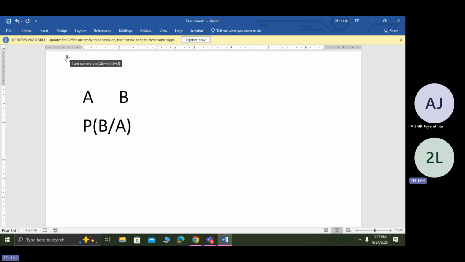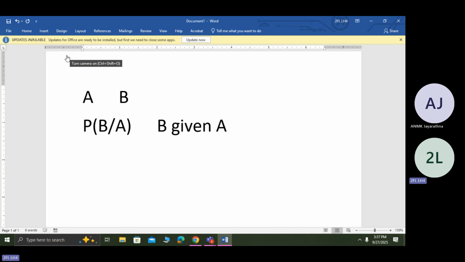This one we read as B given A. Understood? This is the way we can read it. B given A means the first event is A, the second event is B.